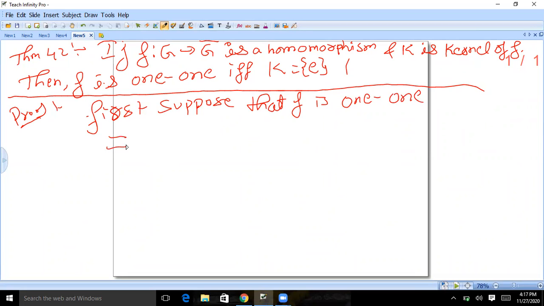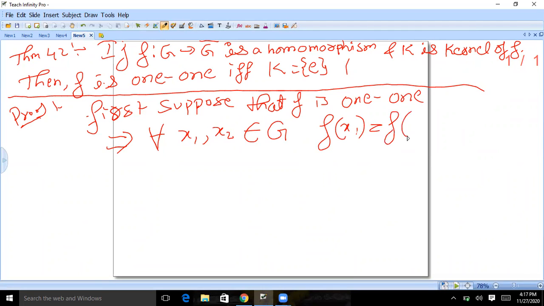Therefore we consider that for all x1, x2 belongs to G, f of x1 is equal to f of x2. That implies x1 is equal to x2. That's right.